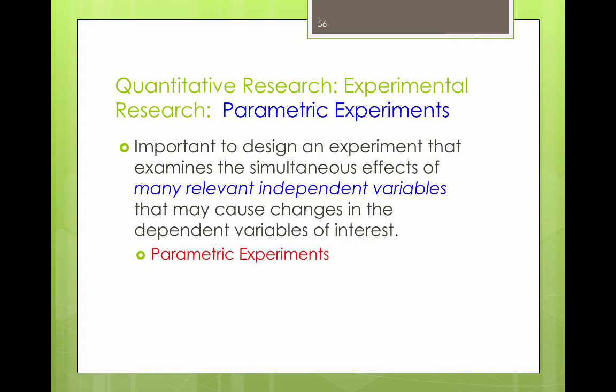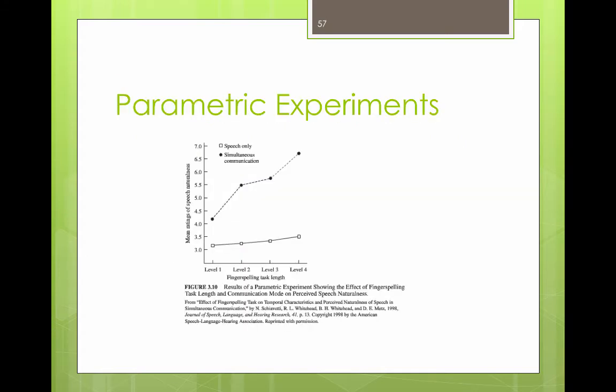It's important to design an experiment that examines the simultaneous effects of many relevant independent variables that may cause changes in the dependent variable of interest, and that is a parametric experiment, which we've been talking about. Here's an example of a parametric experiment.